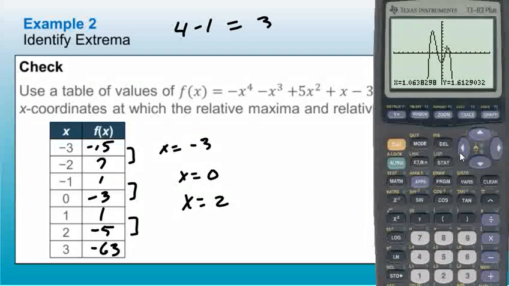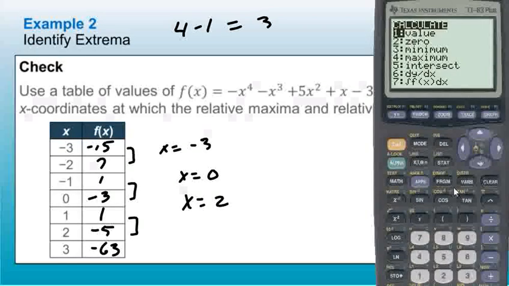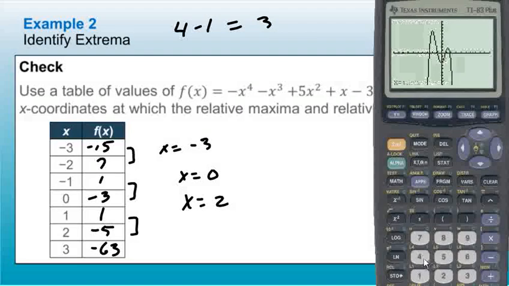And then the other side, if we were to go all the way up here, we get a negative 1.9. We had originally a negative 3, but let's check this. Second trace. This is a maximum, number 4.